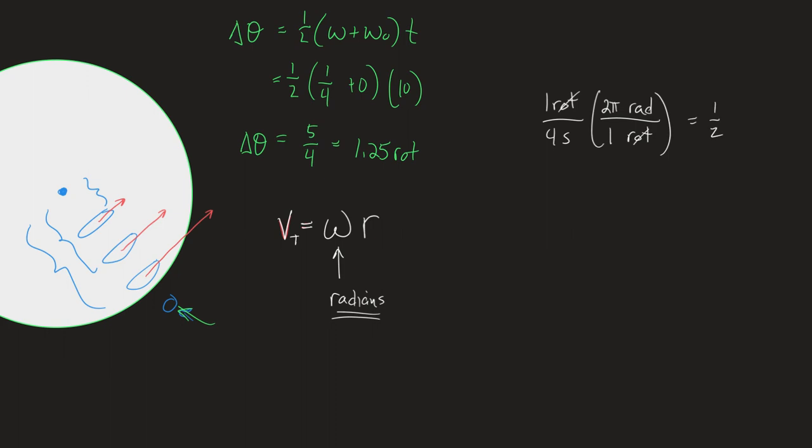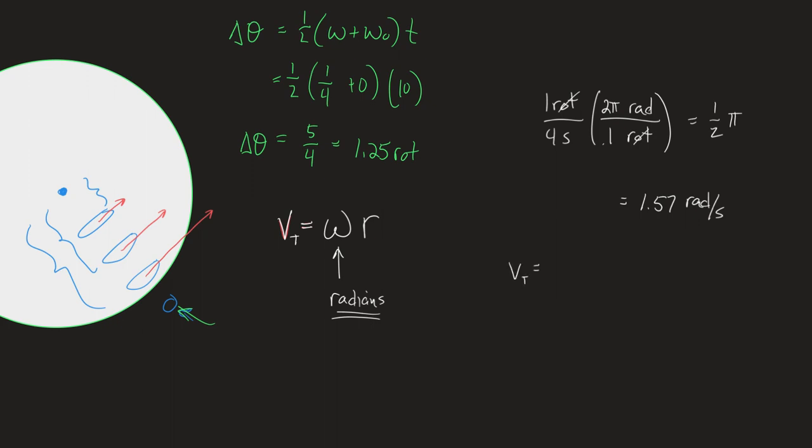So it gives me half a pi, right? Or, and we should probably get a decimal here, I have 1.57 radians per second. So now doing this problem is easy.